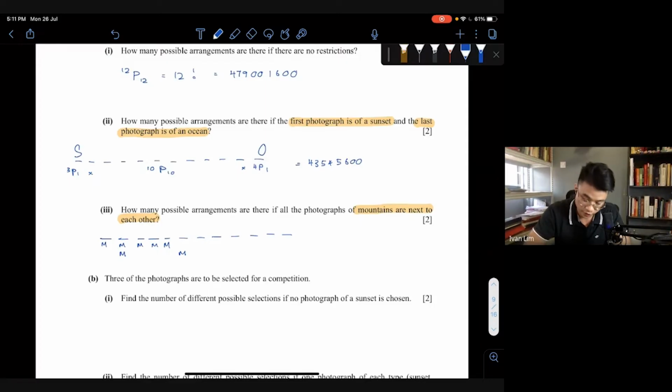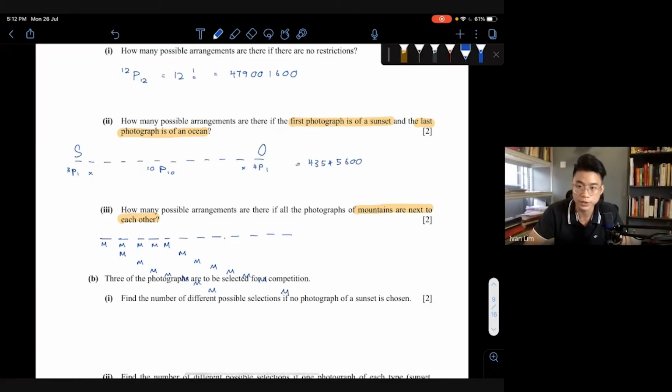Then position 3 to position 8, position 4 to 8, 9... so 4 to 8, 5 to 9, 6 to 10, 7 to 11, and 8 to 12.